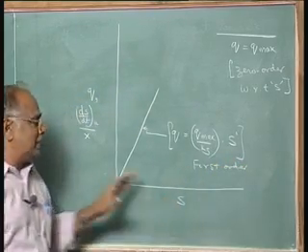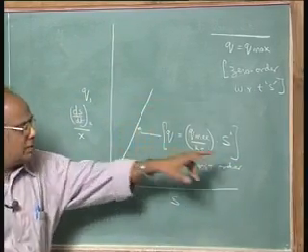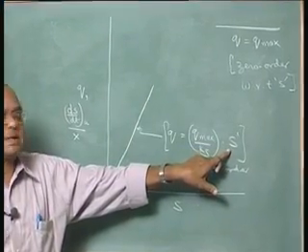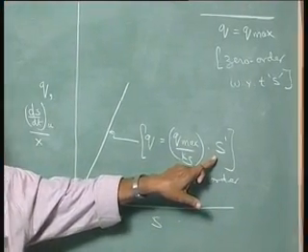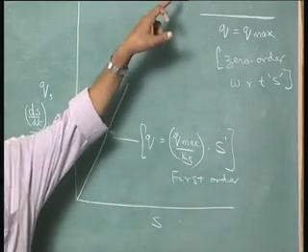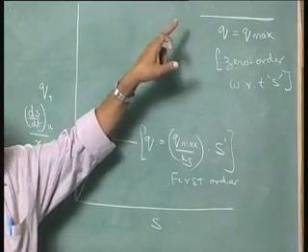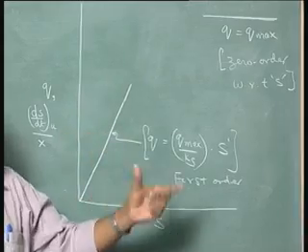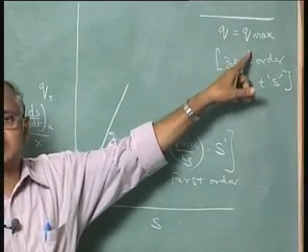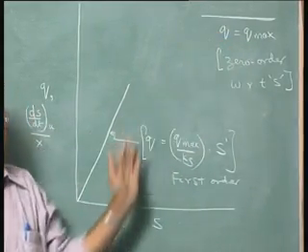Now when the substrate is limited, substrate utilization depends on the concentration of substrate. When the substrate is unlimited, the utilization of substrate is independent of the concentration of substrate. This is a 0 order, this is a first order.